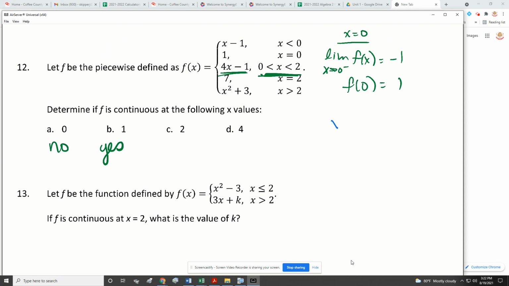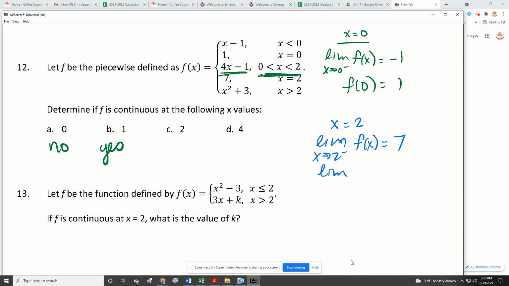All right, and then let's check x equals 2. So x equals 2 is a breaking point. We would need to find the limit as x approaches 2 from the left of f of x by plugging in 2. So that's 8 minus 1, which is 7.